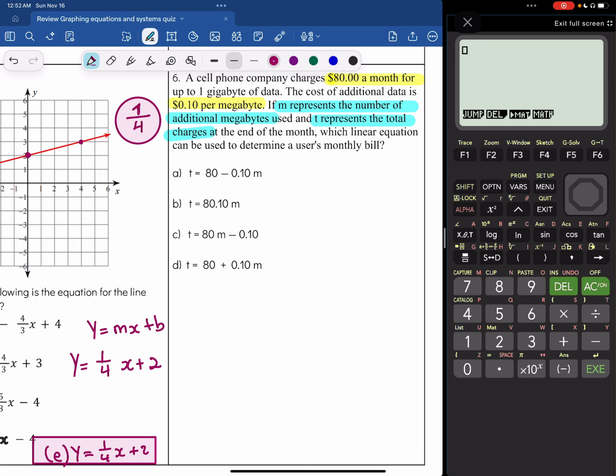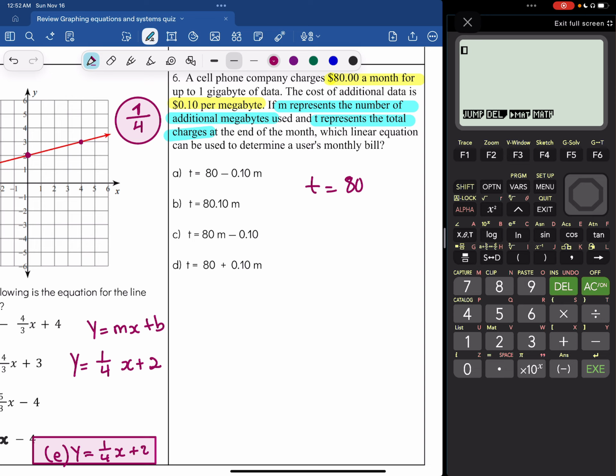So if I'm writing an equation to represent this, I'm going to start off with T because T is my total. And then it's telling me that it's $80 a month for 1 gigabyte of data, right? So I'm starting off by paying $80 upfront. You can think of that as like the one-time fee. So I'm starting with $80 for just 1 gigabyte of data.